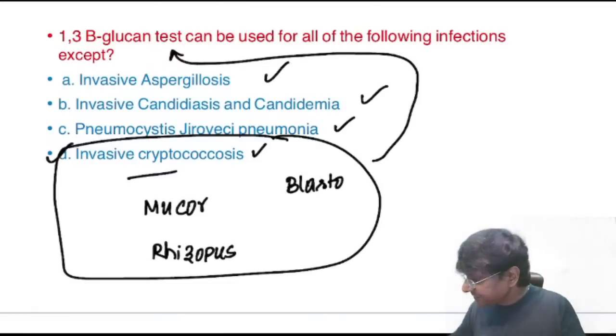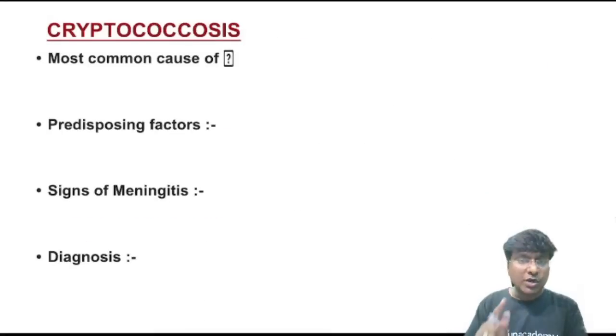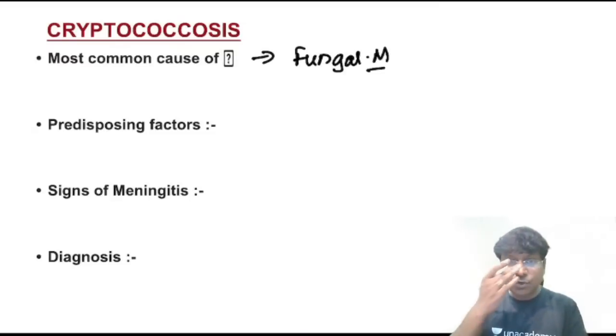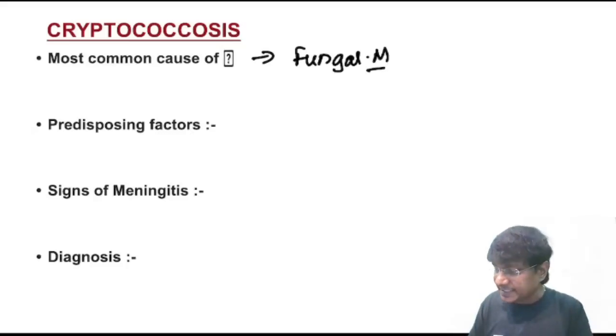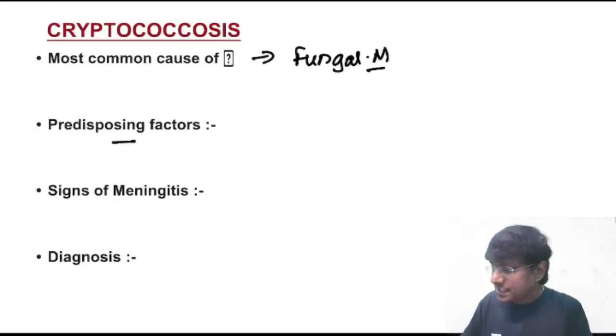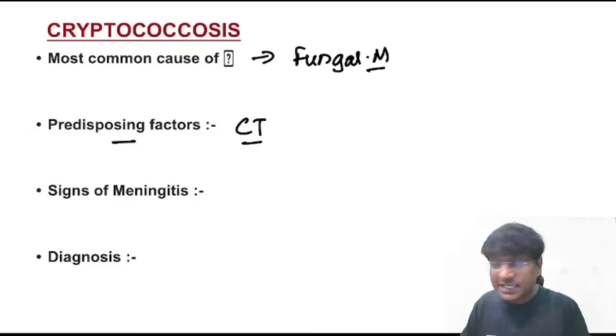Now let me quickly recap cryptococcosis. This is the most common cause of fungal meningitis, right? Now, what are the predisposing factors for cryptococcosis? Number 1, a patient on chemotherapy for hematological malignancy.